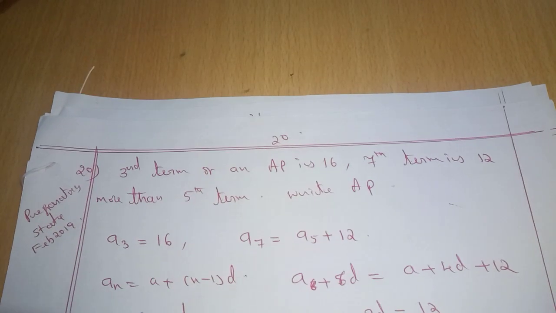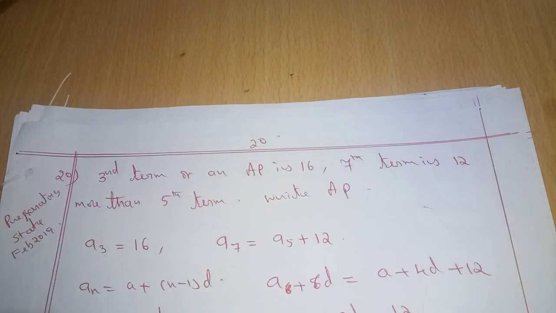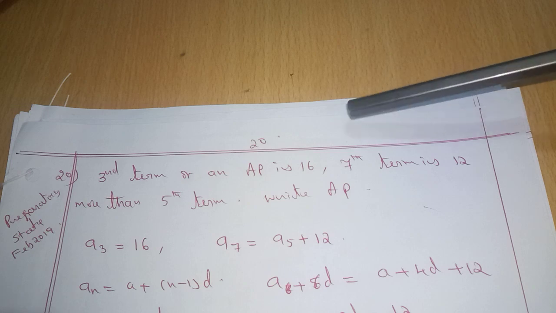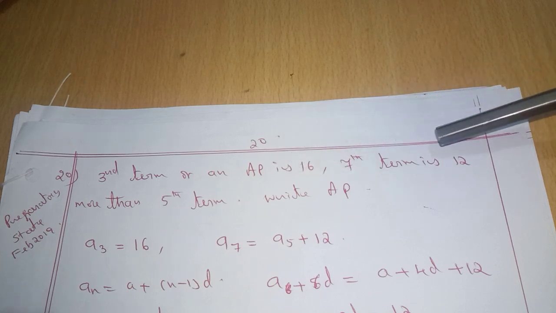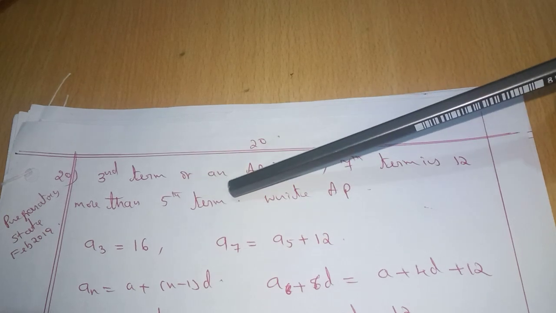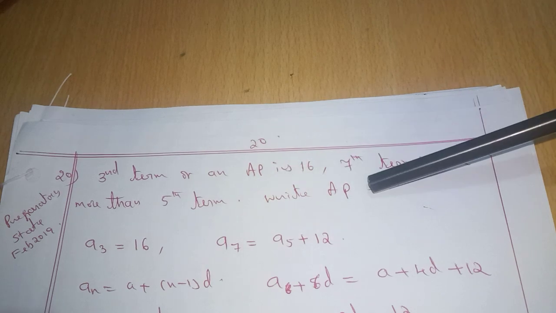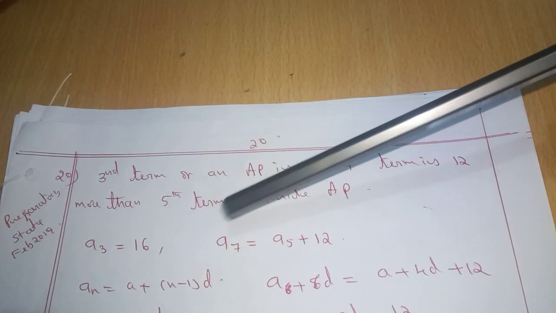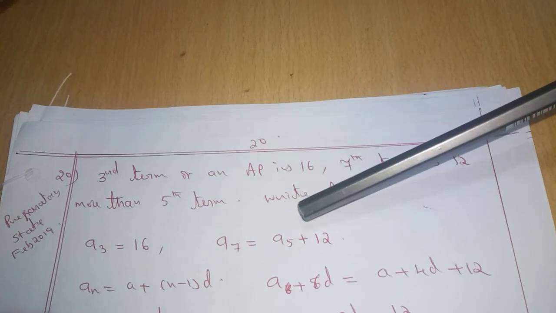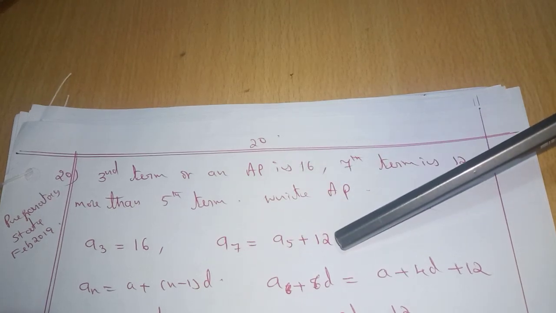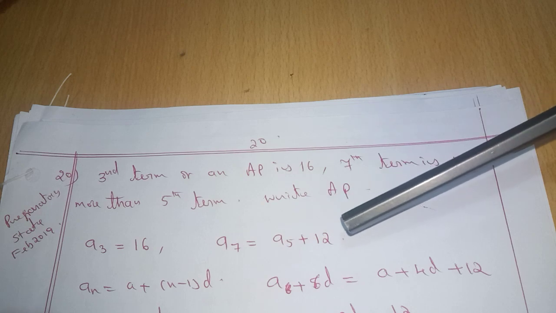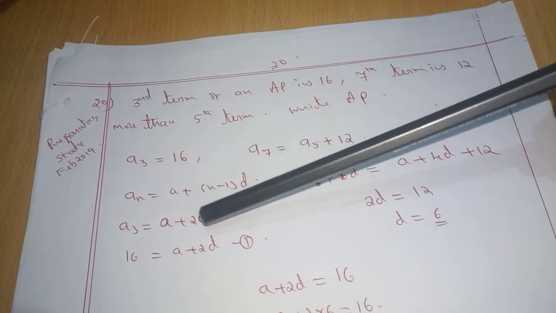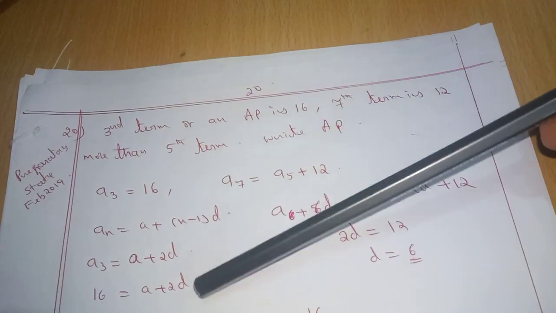Turn the pages. Look at the first question. Third term is 16. Seventh term is 12 more than fifth term. Write AP. A3 is 16. A7 is 12 more than A5. In place of A3, we will write A plus 2D is equal to 16.